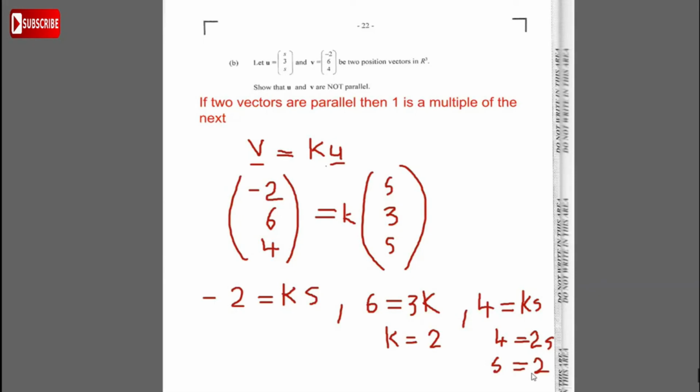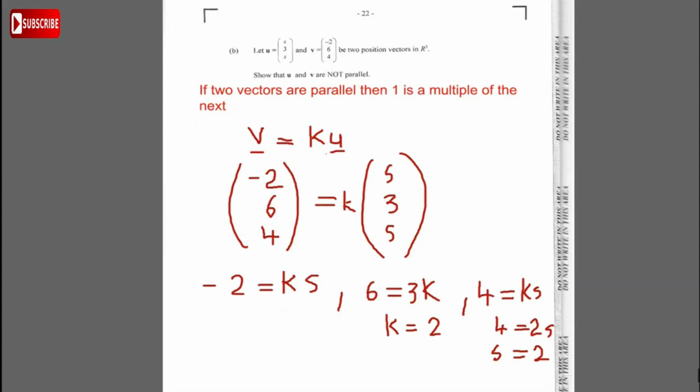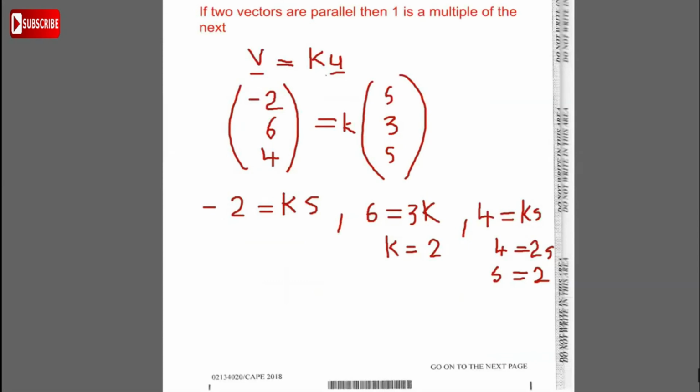So if k is equal to 2 and s is equal to 2, let's plug it in. In the last one, we're going to do a check now, in the I component.